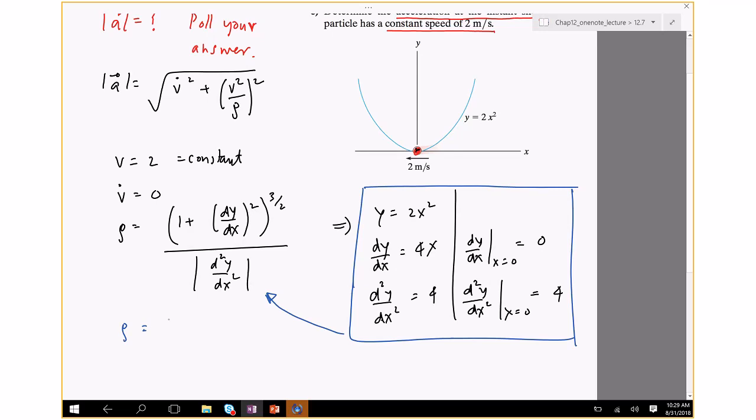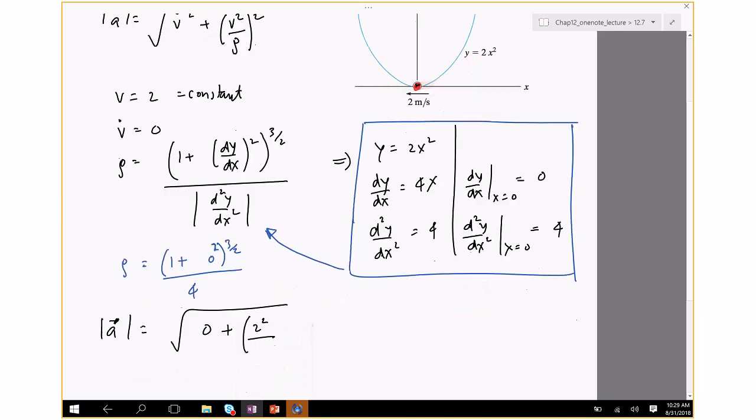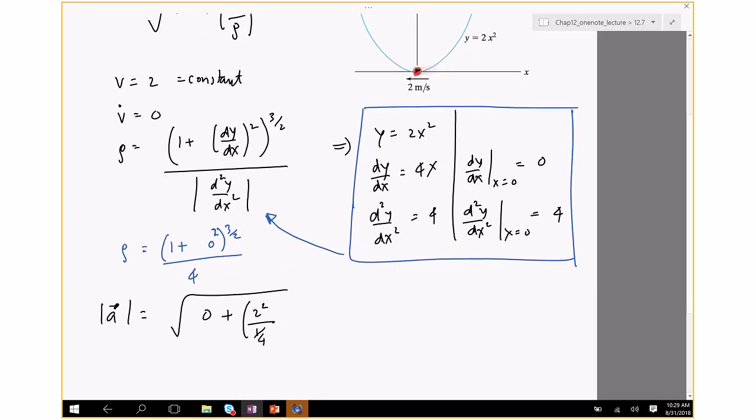So rho equals 1 plus 0 square raised to 3 by 2, and then we have 4 for the numerator. So rho is 1 divided by 4. So I can now write acceleration is square root of 0 plus 2 square divided by rho, 1/4, square.